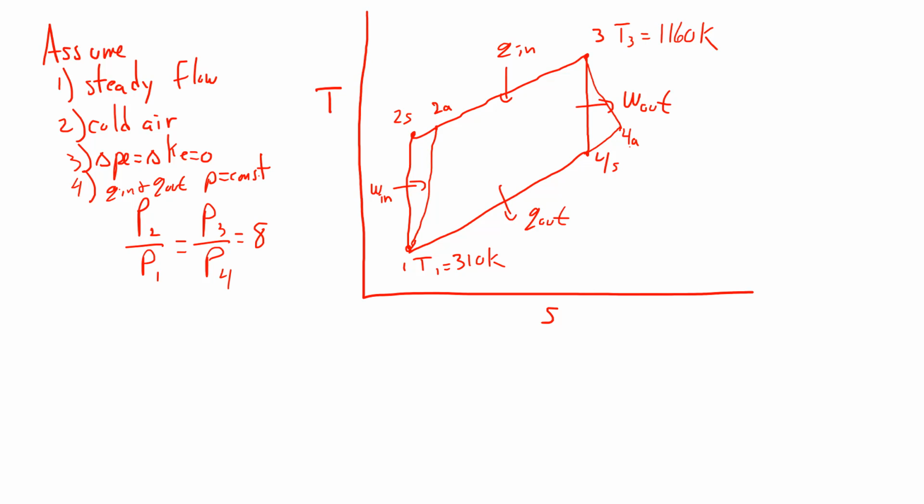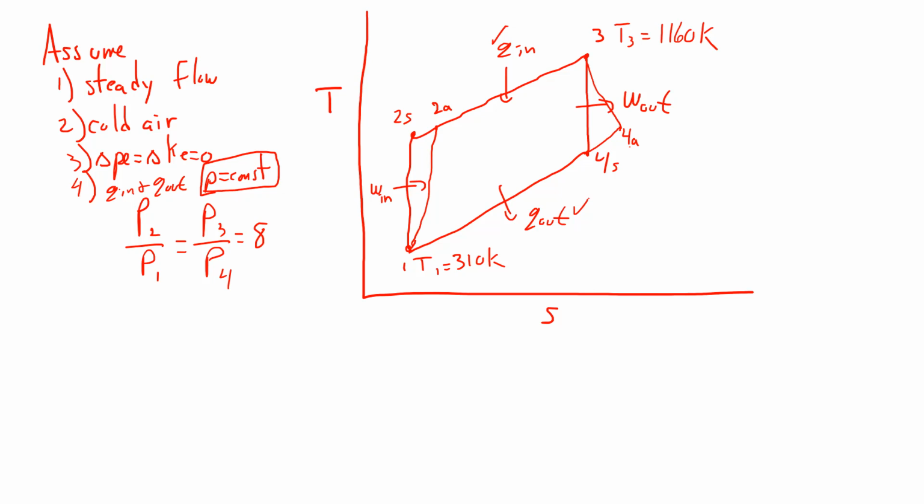In a non-idealized cycle, there would be a pressure loss in the heat in and heat out processes, and also isentropic efficiency less than 100% for the compressor and the turbine. But since there's a pressure ratio of 8 and the problem statement didn't tell us anything different, we're going to assume constant pressure for both the heat in and the heat out process.